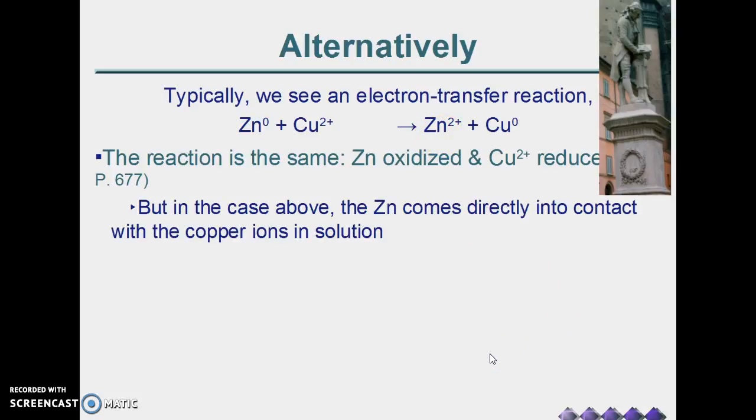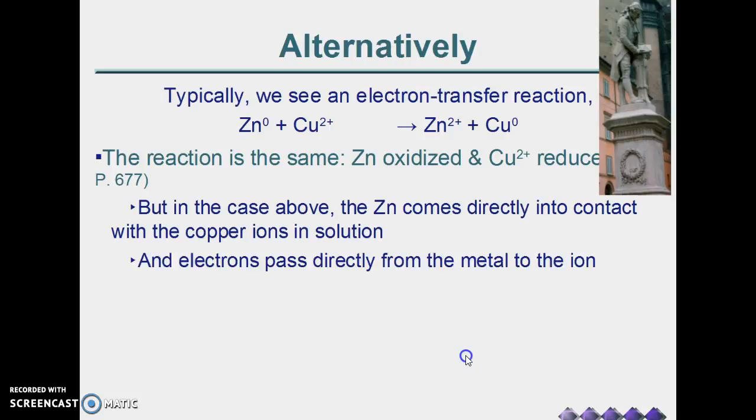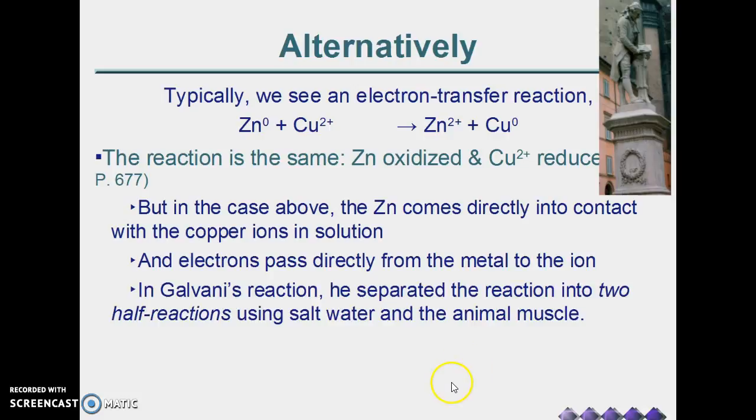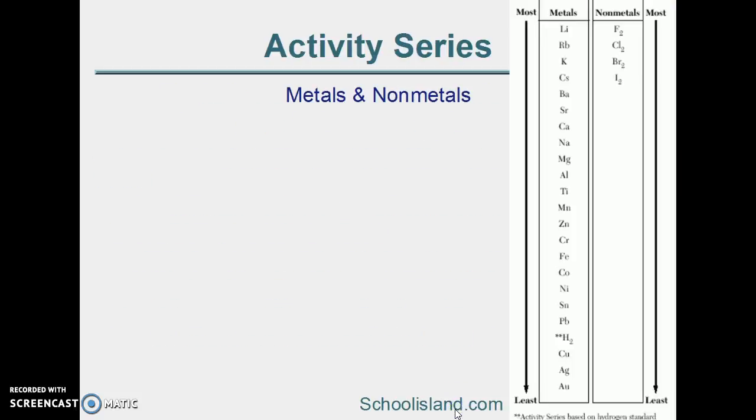In this case, the zinc came directly into contact with the copper ions in solution, electrons passing directly from the metal atoms to the ions. But in Galvani's reaction, he separated the reaction into two half reactions using the salt water and the animal muscle. So the electrons were made to do some work before they got to the copper ions.